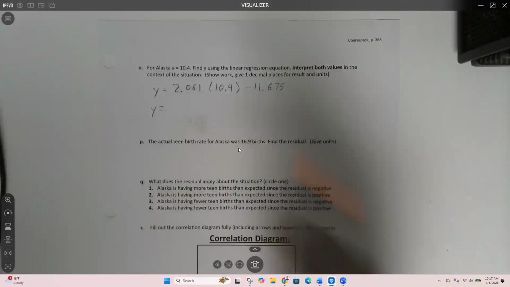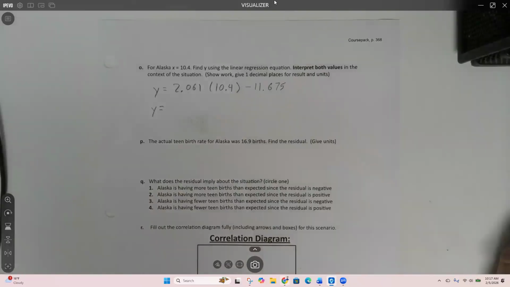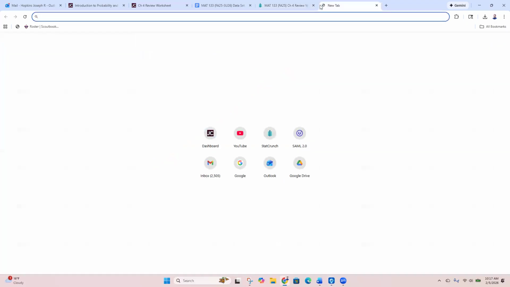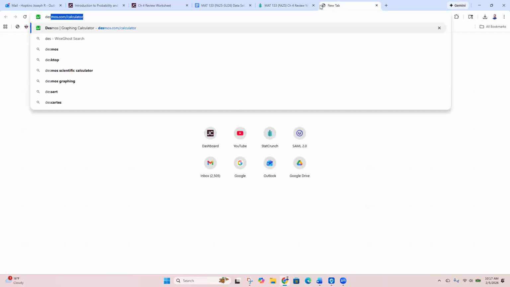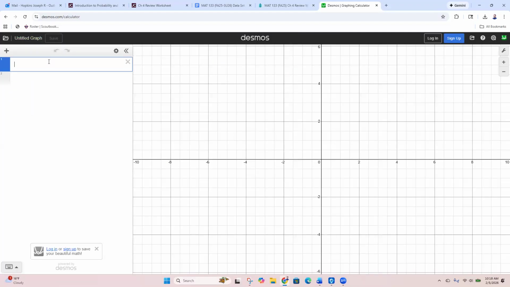So somebody, let's do this one together. So in your calculator, go to Desmos. All right, so 2.061 times 10.4 minus 11.675. I get 9.759.